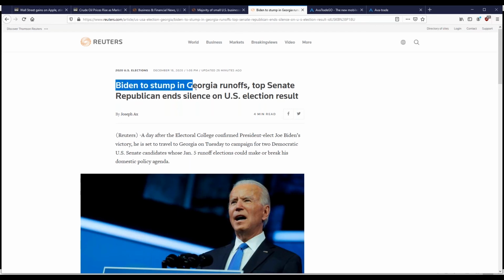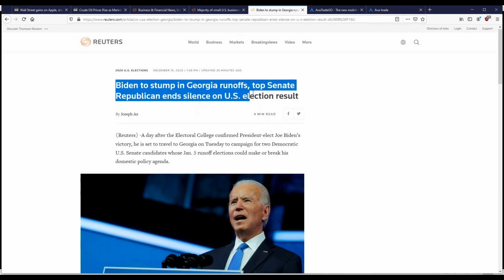What would happen if, with Trump and Biden both in Georgia, the state of Georgia in the US, there are 2 Senate seats that will determine who controls the Senate, the Republicans or the Democrats. The Democrats already control the House of Representatives, and Biden is now the president-elect, assuming nothing crazy comes to reverse the election results, so Biden will be president.